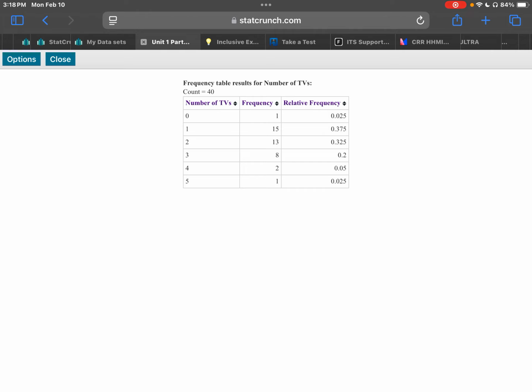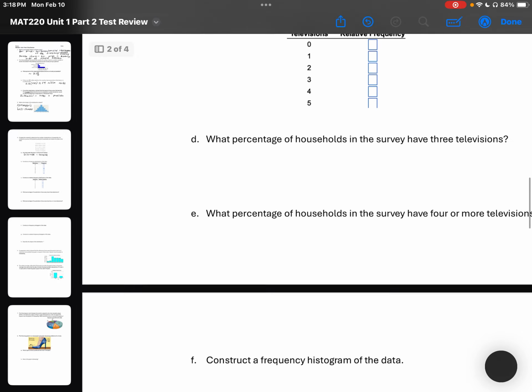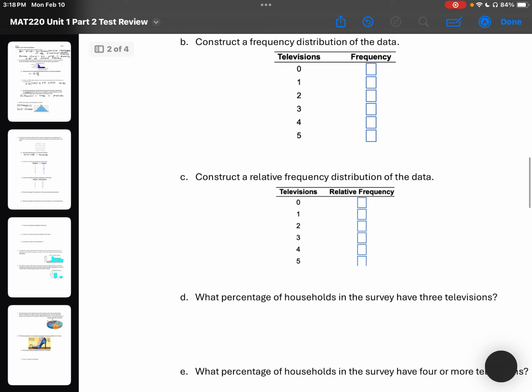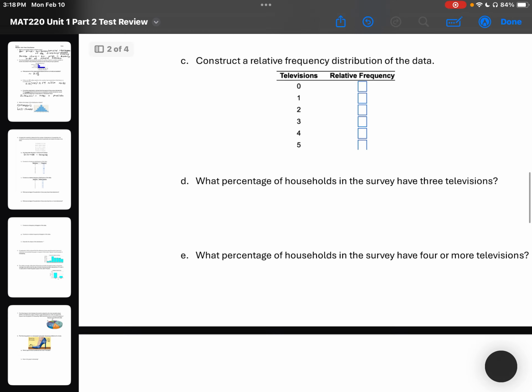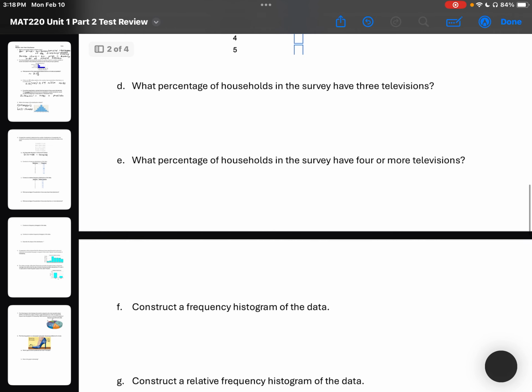So, with that being said, there were a couple of additional questions attached to that. We already saw the frequency and relative frequency, and as you can see, they want you to type in those values. But for this, we want what percentage of households in the survey have 3 televisions.